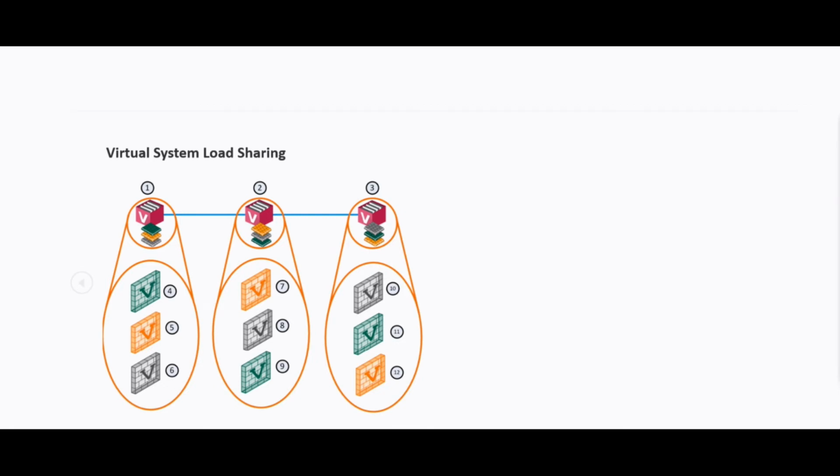VSLS stands for virtual system load sharing. If you are planning to set up a VSX cluster and you want an efficient balance of network traffic by distributing the load between the active virtual systems, you need to consider the virtual system load sharing option for sure. So the definition-wise is the same.